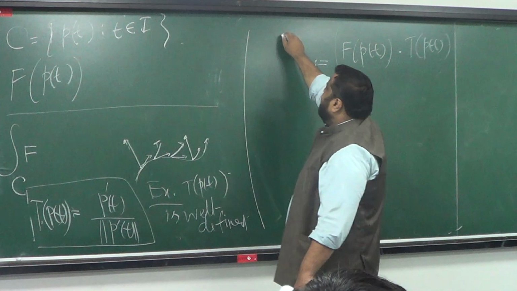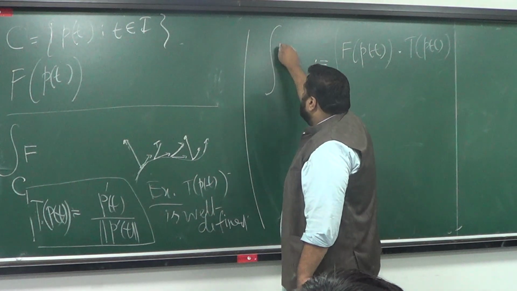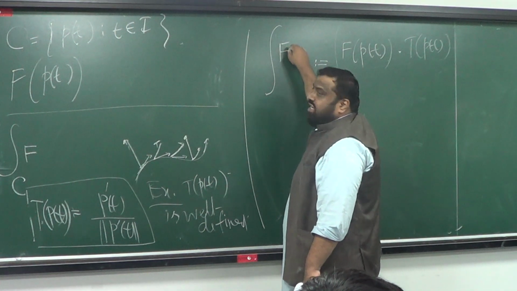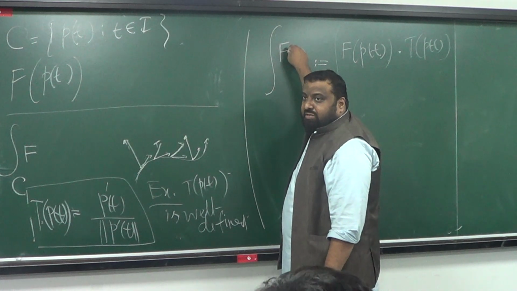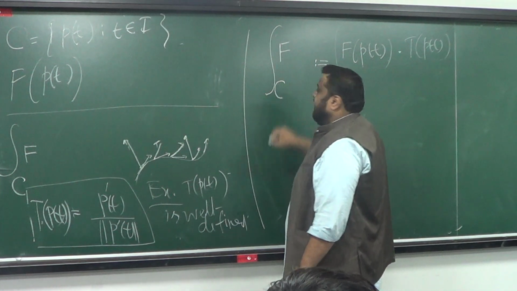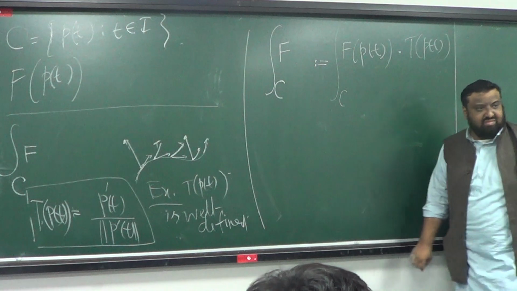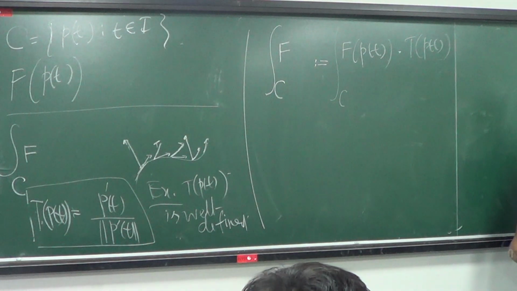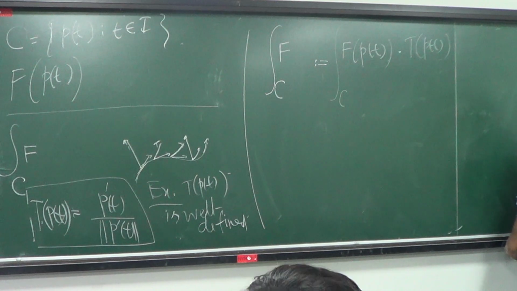You're going to call this, or I'm going to give it a name, that this is the flux of the vector field over the entire curve C. So that's my definition for the flux of the vector field on the entire curve C.